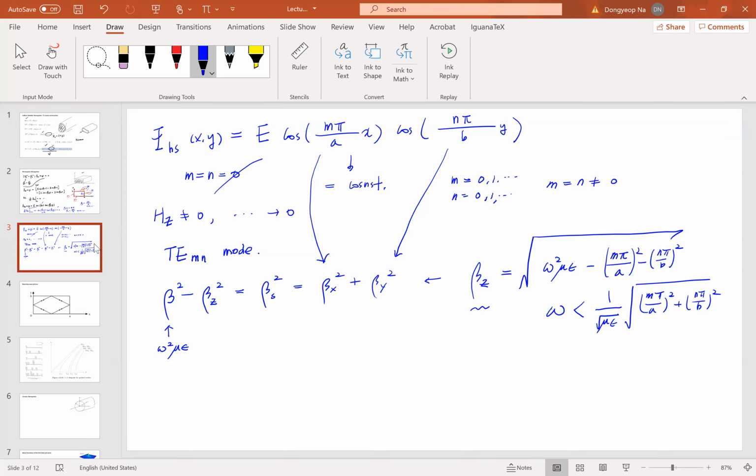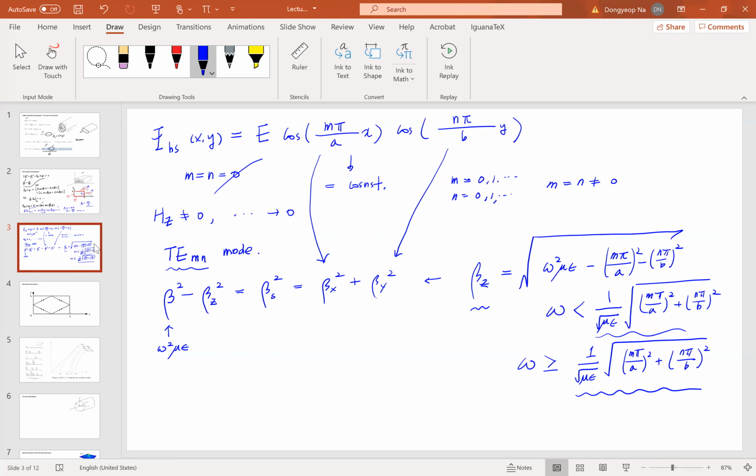So in order for this TE mn mode to propagate, we need to make sure that the inside of this square root is positive, so that beta z is a real number. That's the guidance condition of this TE mode, so this omega should be greater than 1 over square root of mu epsilon times this quantity.